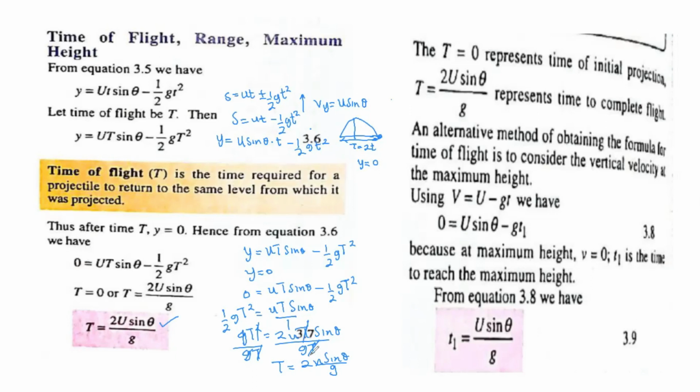So this is the time of flight, which is the time to reach the ground. You need to note that when it reaches the ground, something must happen: the height is equal to 0. That's so essential.